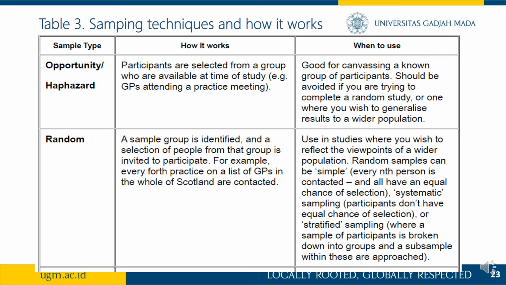Random sampling can be simple: every person on the list, or every person with an odd number, is contacted, and all have an equal chance of selection. There is also systematic sampling or stratified random sampling, which can be considered random sampling.